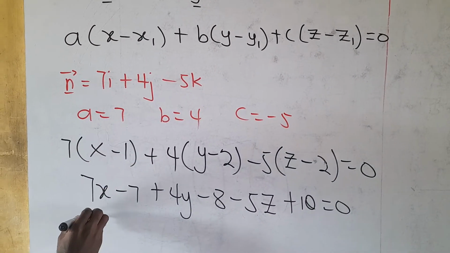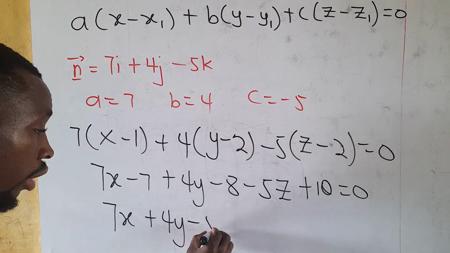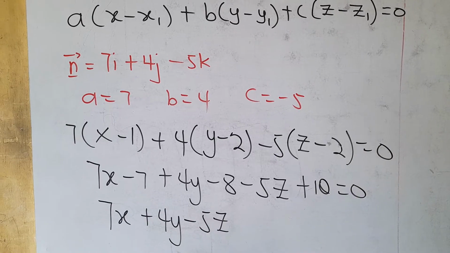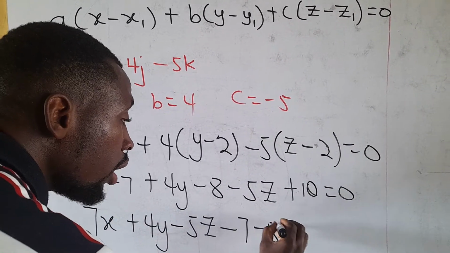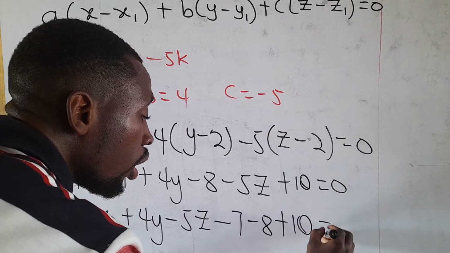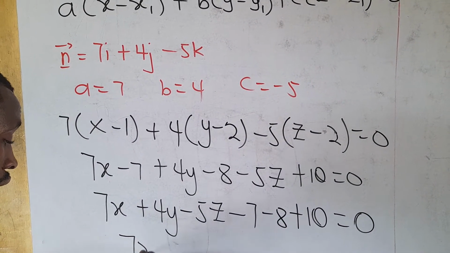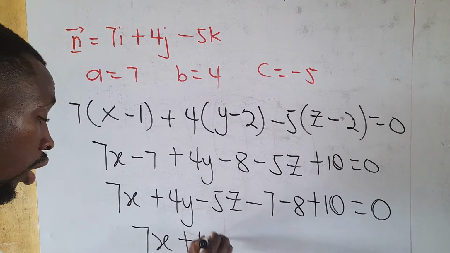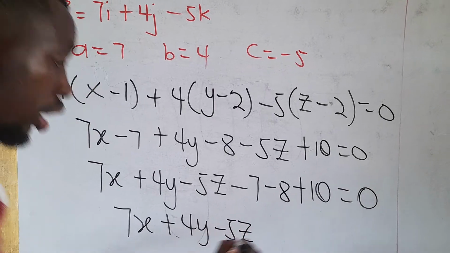So we'll group like this. We get 7x plus 4y minus 5z, minus 7 minus 8 plus 10 equal to 0. So we can say the vector equation is 7x plus 4y minus 5z.